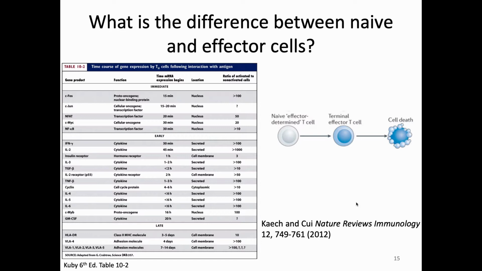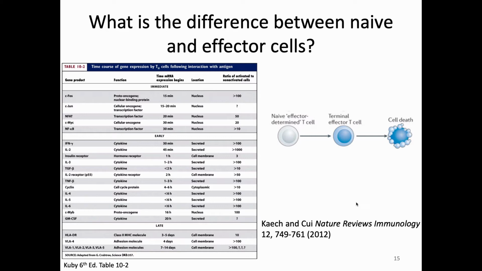We can also see big differences in activation of different proteins. So for example, activated cells have 100 times more FOS than non-activated cells. They have 50 times more NFAT. They have 1,000 times more IL-2. They have much more of some of these adhesion molecules. And so effector cells are specialized to be producing a lot of cytokines, to be active really easily.